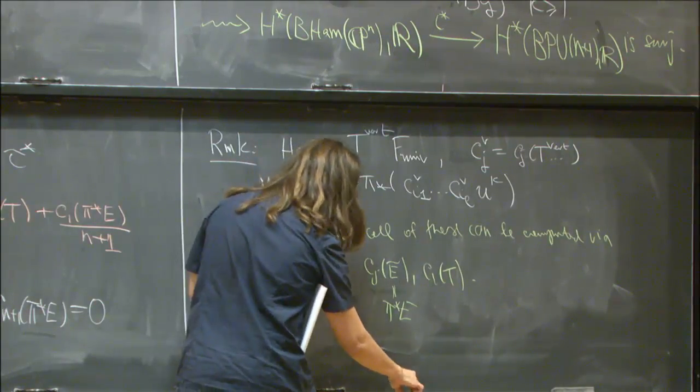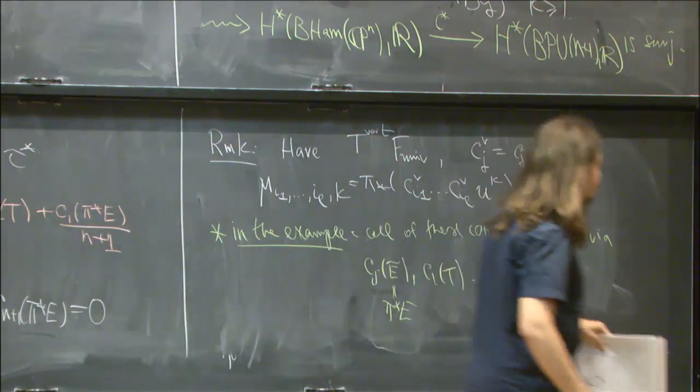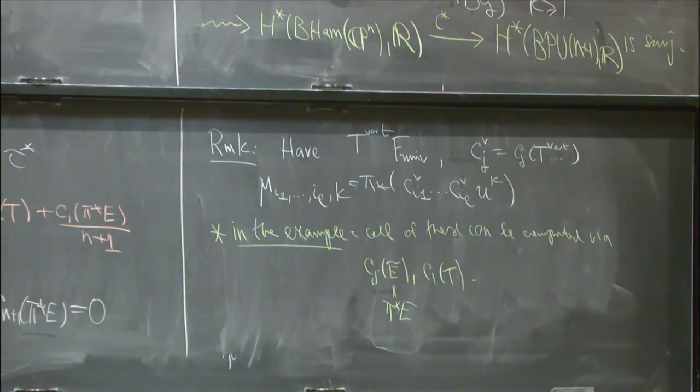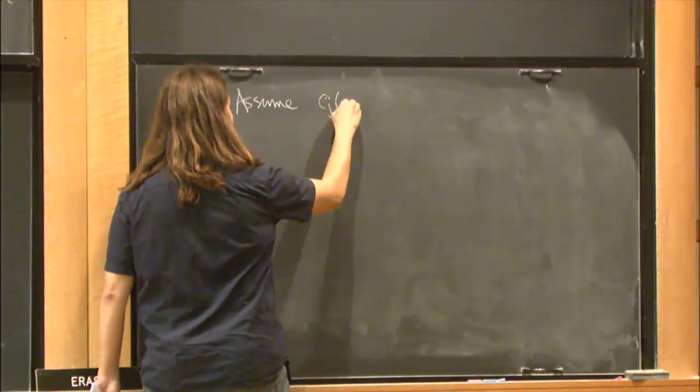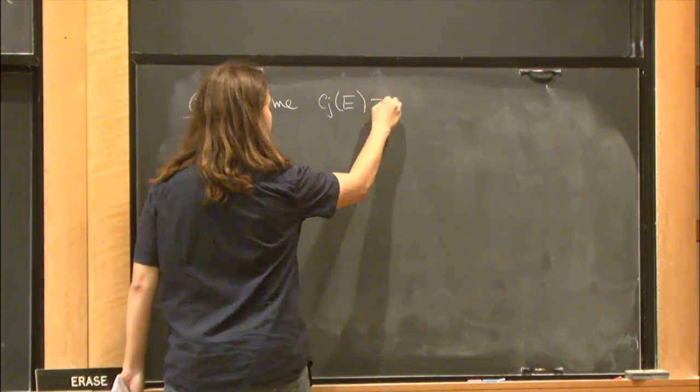Okay. All right. So the question: assume Cj of E is 0.